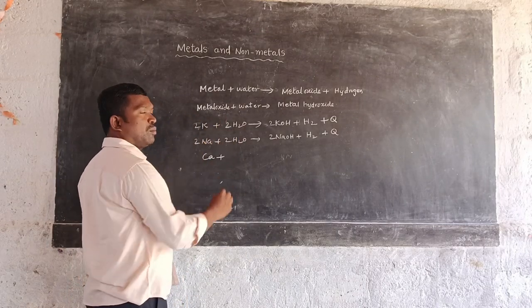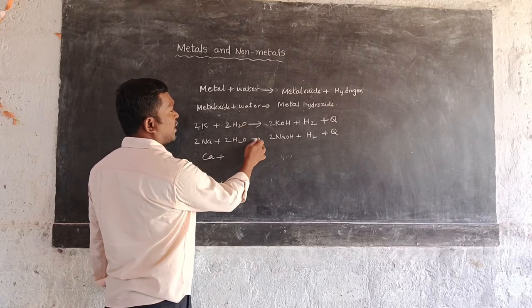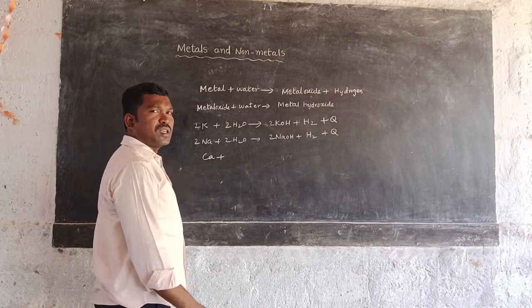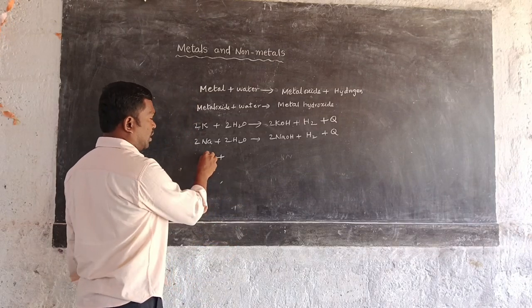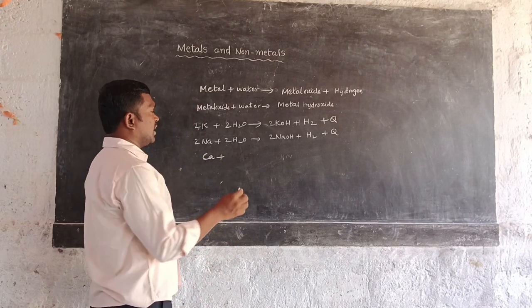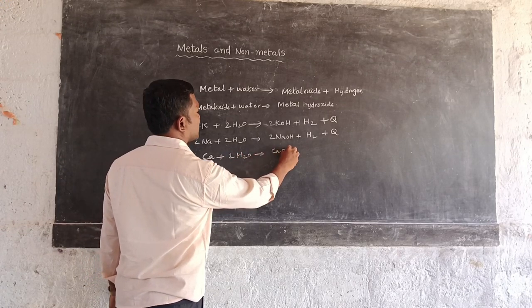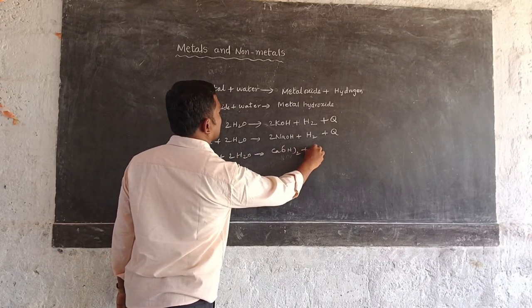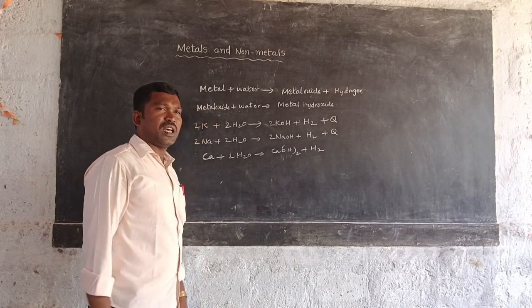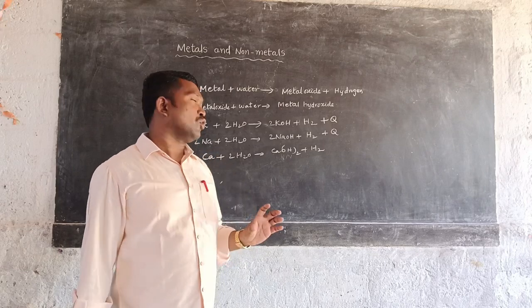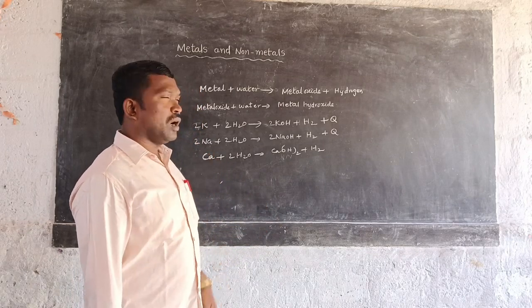Potassium and sodium both react violently with cold water, giving hydroxides and hydrogen, and some heat energy is released. But calcium reacts less violently with water. Calcium hydroxide and hydrogen are produced. Here also some heat energy is released, but this heat does not help to burn the hydrogen.